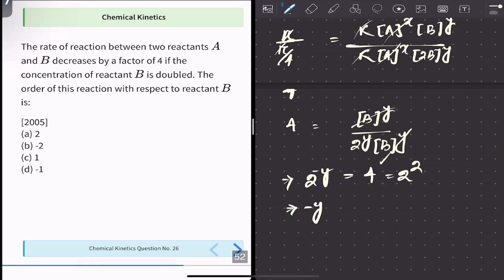So minus Y is equal to 2. Y value will be minus 2.